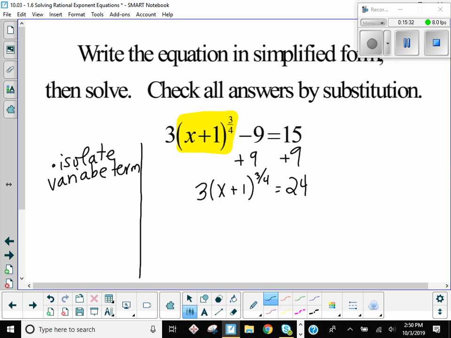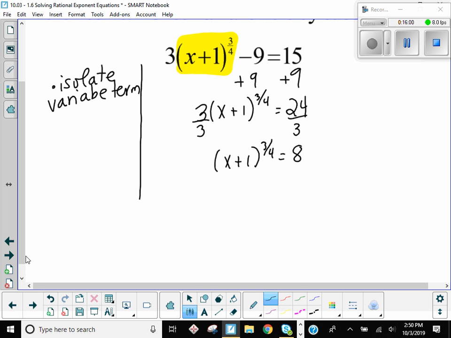Three times x plus 1 to the 3/4 equals 24. And now we divide by 3. So that is a successfully isolated term.